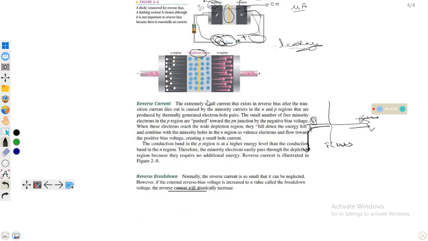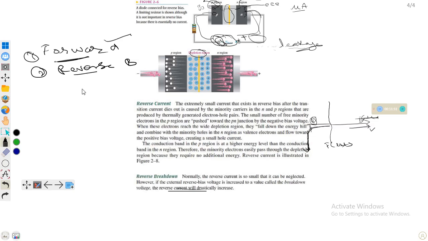So this was a little bit of discussion about diodes and their two situations. The first case was forward bias and the second was reverse bias. In forward bias, we connect the P type of the PN junction with the positive terminal and the N type with the negative. In reverse bias, the P type is connected with the negative terminal and the N type with the positive. In forward bias we have a smaller gap of depletion region, in reverse bias a larger gap.